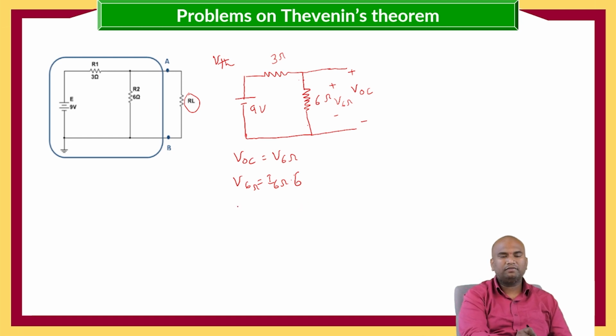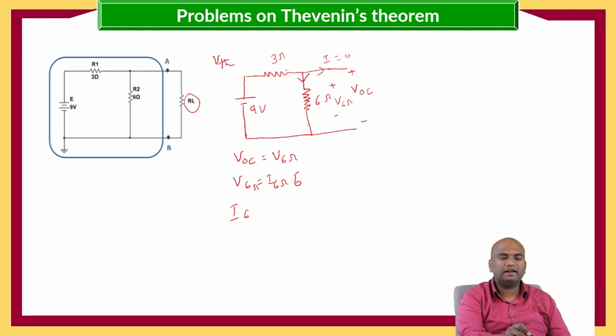For calculating I6, no current is flowing through the open circuit. So whatever the voltage is applied, the current will be flowing through only 3 ohms and 6 ohms.